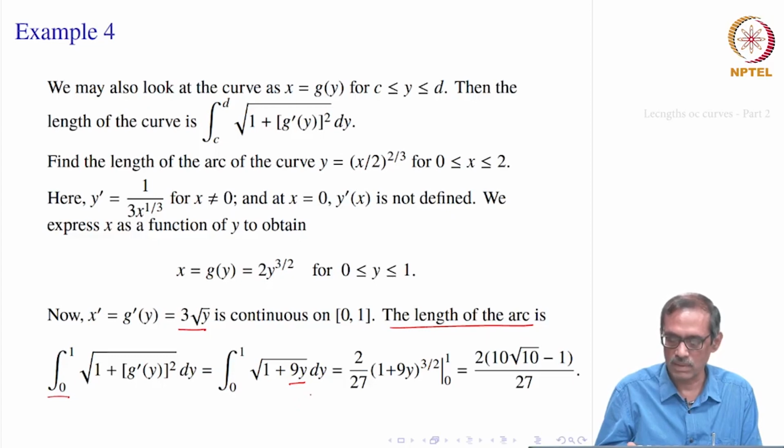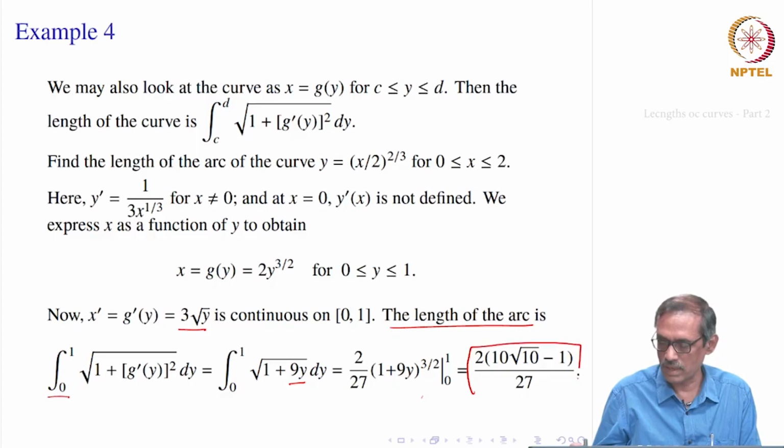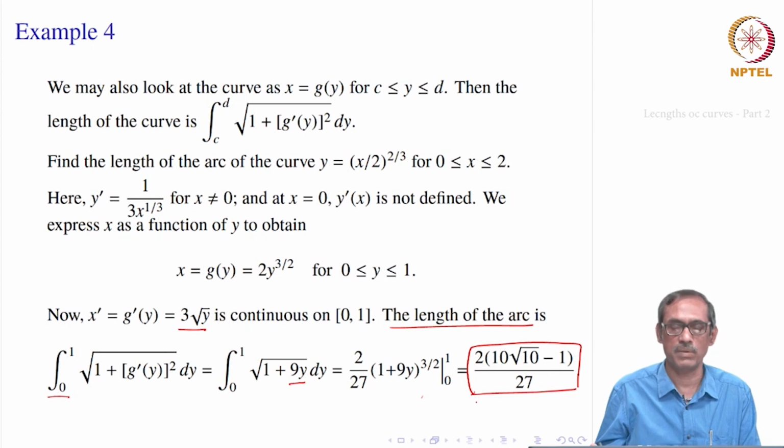So, you get u to the power 3 by 2, divided by 3 by 2, and then du equal to 9 times dy, so divided by 9 in terms of u. So, it is 2 by 27, 1 plus 9 y to the power 3 by 2, evaluated at 0 and 1 and subtracted. So, that simplifies to 2 into 10 root 10, minus 1 is there. So, 2 times 10 root 10 minus 1, divided by 27.